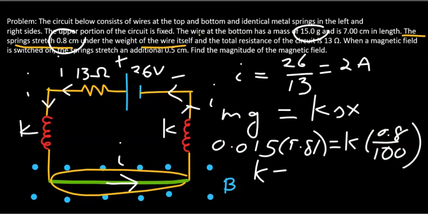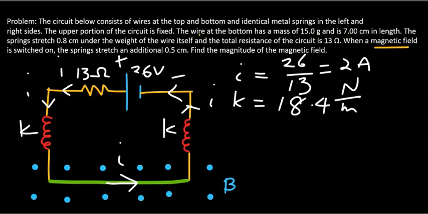And you see the spring constant can be worked out. In doing the calculation, you get 18.4 Newton per meter for the spring constant. Now, when you switch on the magnetic field, the springs stretch an additional 0.5 cm due to the magnetic force. Let's work out the direction of the force. This is the direction of the length vector, namely the direction of the current.